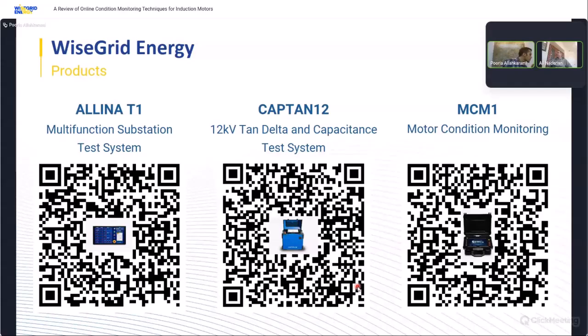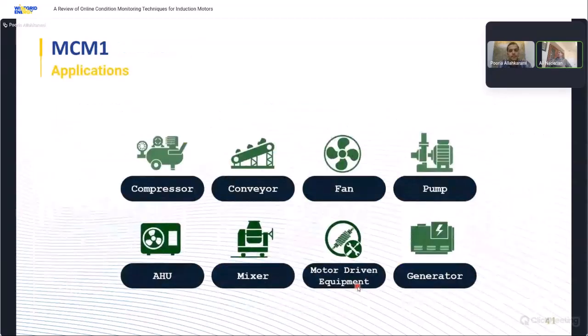You mentioned generators, so we can use MCM1 to assess the general condition of generators, like hydro generators or gas generators and so on. Have we used it for smaller generators, for example, one megawatt or 5 megawatt generators, or diesel generators? Can we use that?